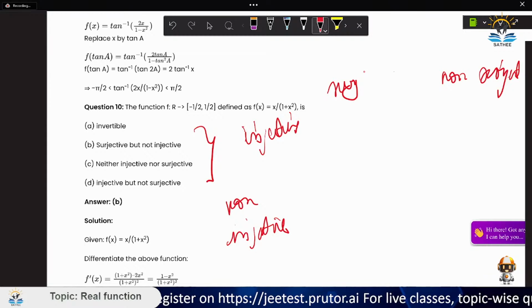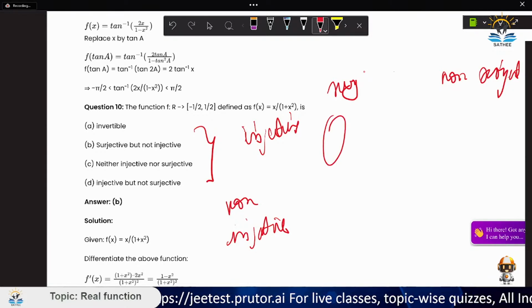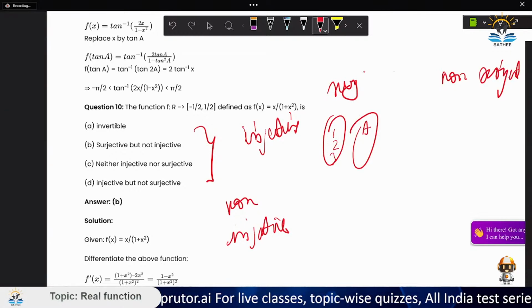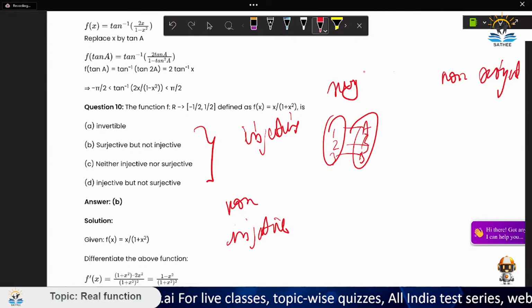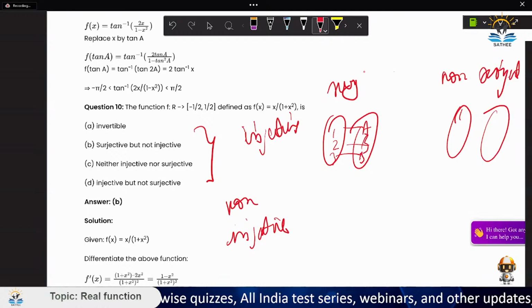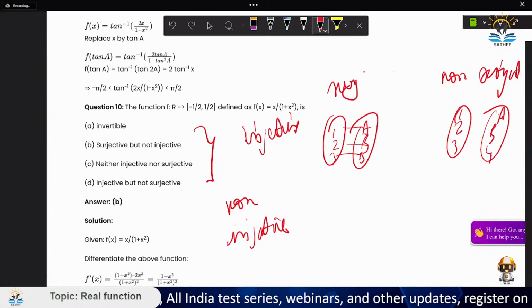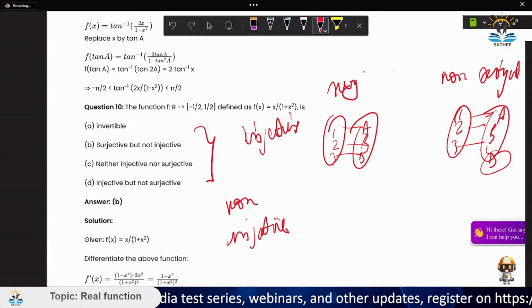Right. So this means 1, 2, 3, A, B, C, that every element in X has its image in Y. So this is right. Now let's take this 1, 2, 3, A, B, C, D. One, two, three, but D is not being satisfied here.